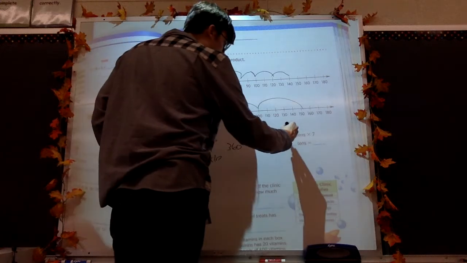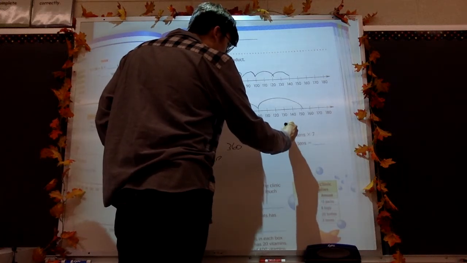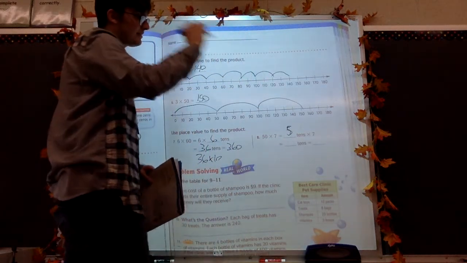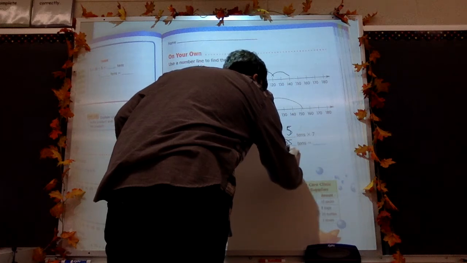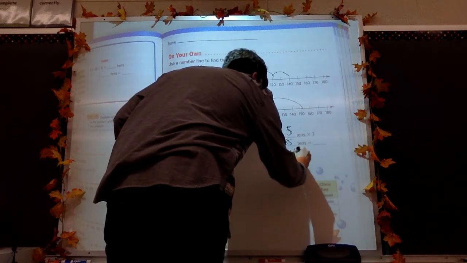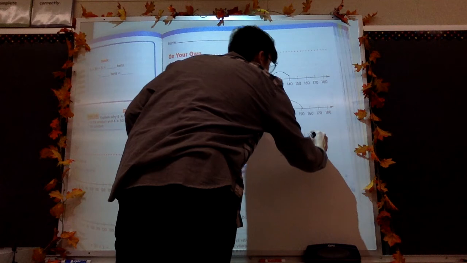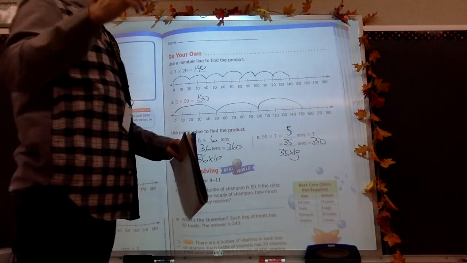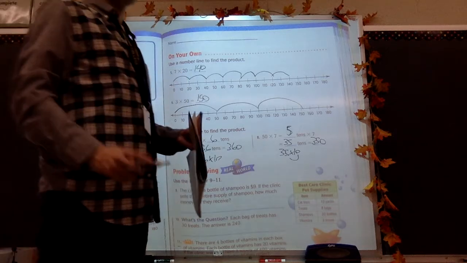Same thing over here. 50 times 7 equals 5 tens times 7. 5 times 7 is 35 tens. 35 times 10, bring the 0 over, 350. 50 times 7 equals 350.